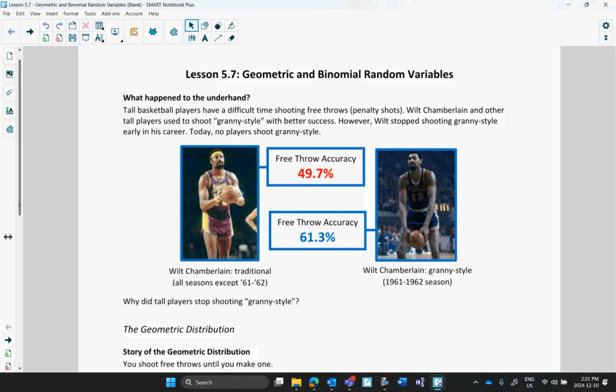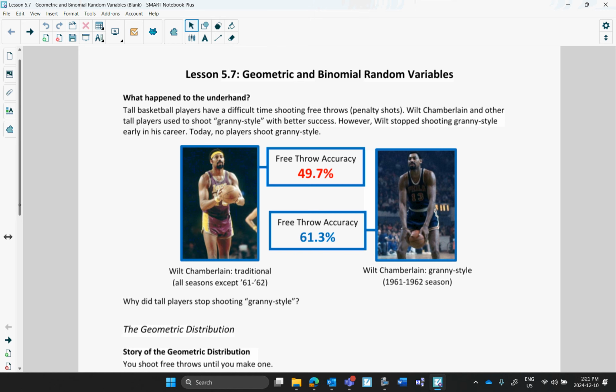So we're going to talk about free throw shooting. Because there were some NBA players who played during a time, like in the 60s, when they would take free throw shots underhand. Okay? And then they changed to overhand.